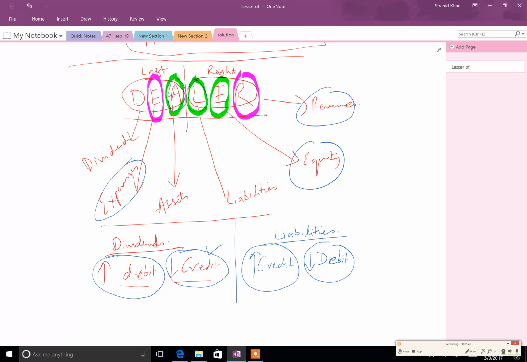Then we had one thing left, which is dividends, which is part of the shareholders' equity account. I explained that account when we were doing the statement of retained earnings in chapter 1. So all these accounts, when they increase or decrease, have a debit and a credit separately, and we will learn that in the next section.